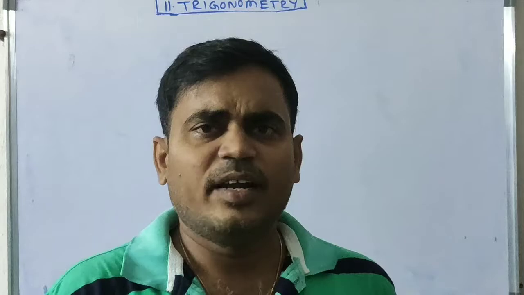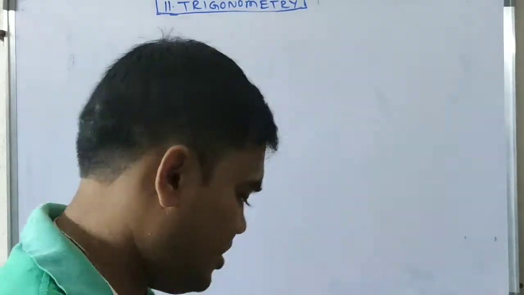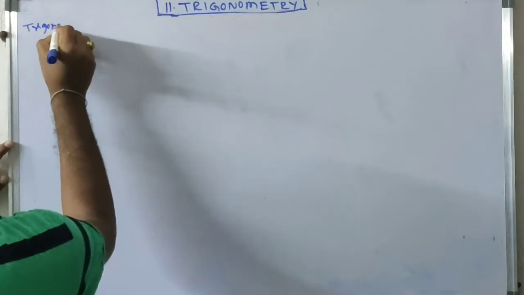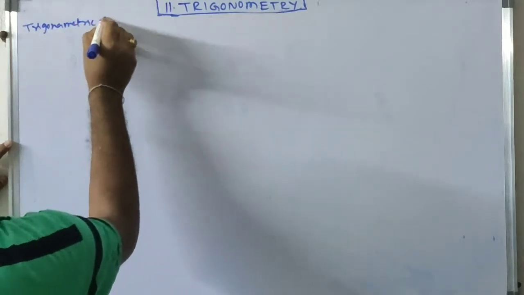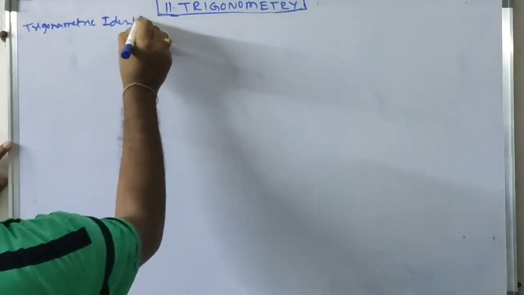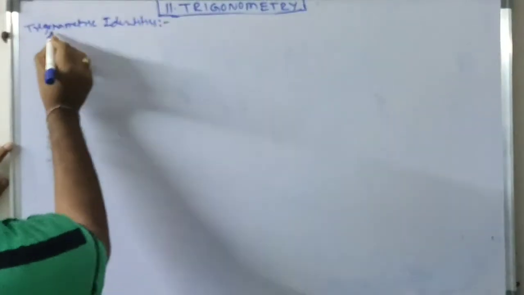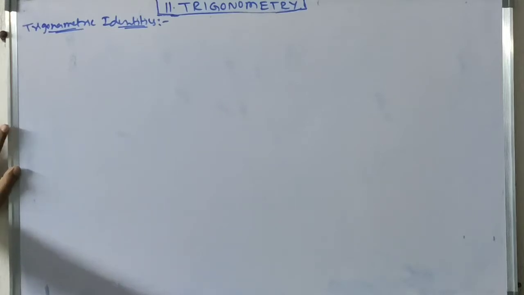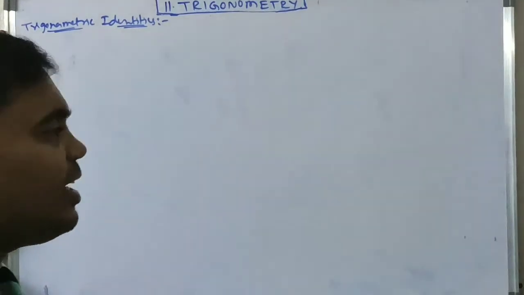Next topic, trigonometric identities. To find the trigonometric identities, I am taking a right angle triangle.